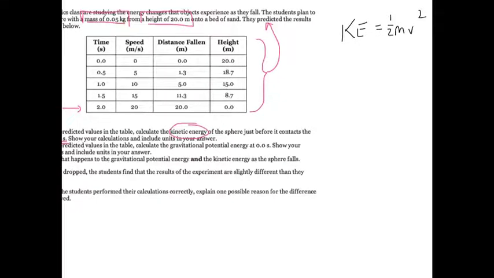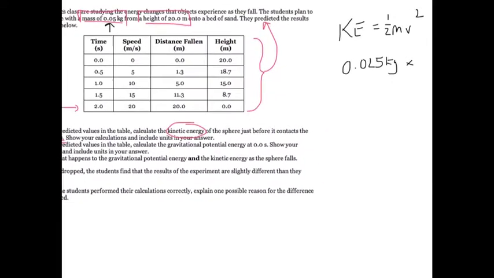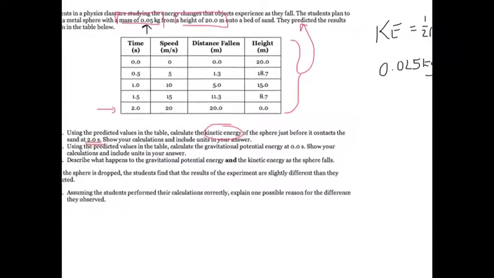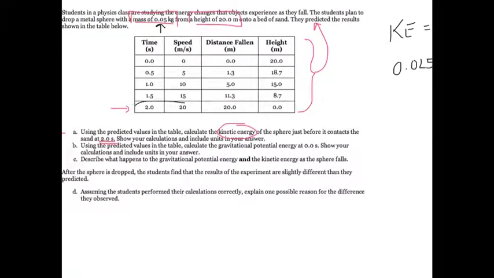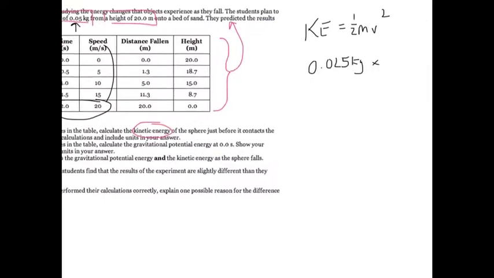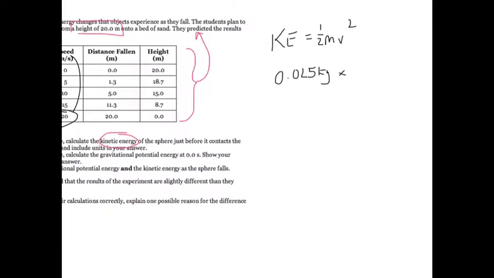So our mass is right there. So half of 0.05 is going to be 0.025 kg times, let me slide this over some. Well, what's the speed at 2 seconds, right here, because that's our speed. 20. So times 20 meters per second, squared.